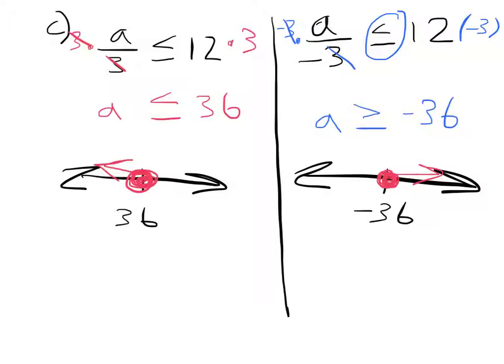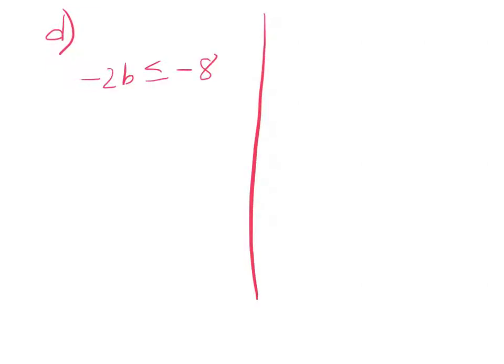Now, when we divide on both sides of the inequality, things change up a bit. Let's look at this next example. D. I'm going to do another side by side. Negative 2b is less than or equal to negative 8, and 2b is less than or equal to negative 8.